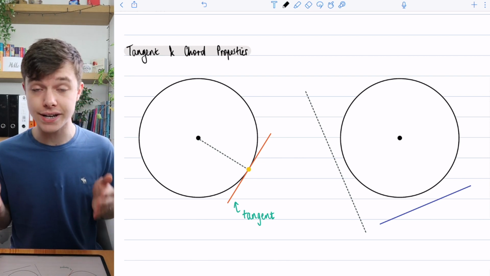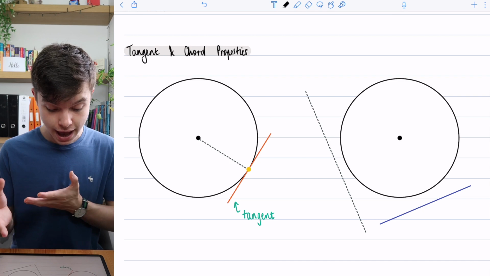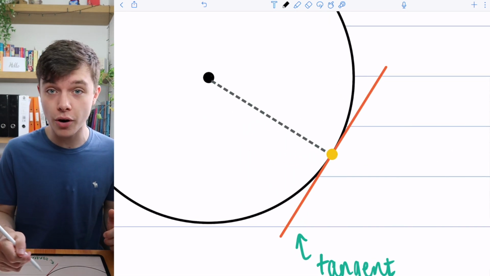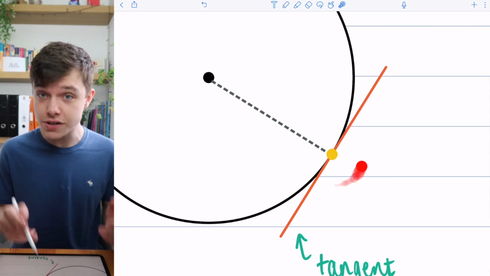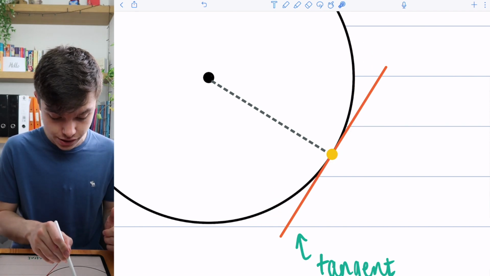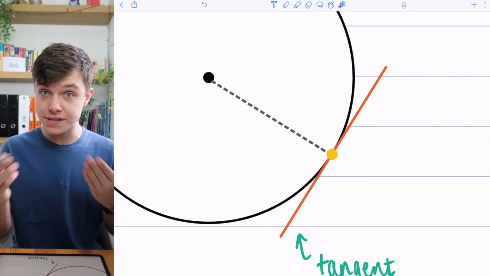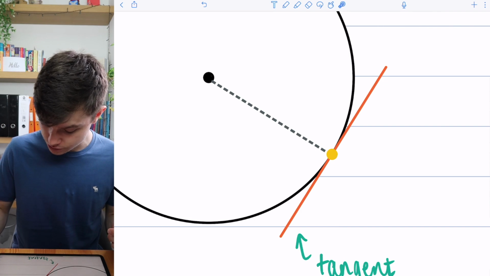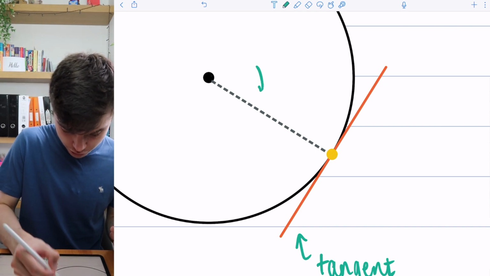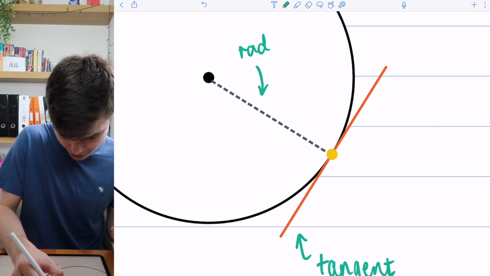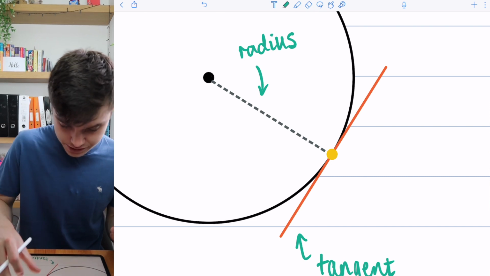The reason it's the radius is because it passes through the centre and it goes to this yellow point here, which is on the circumference of the circle. So from the centre to the circumference, it's the radius. So we'll draw that on in green. That there is the radius.